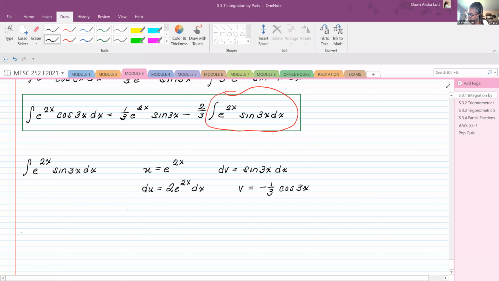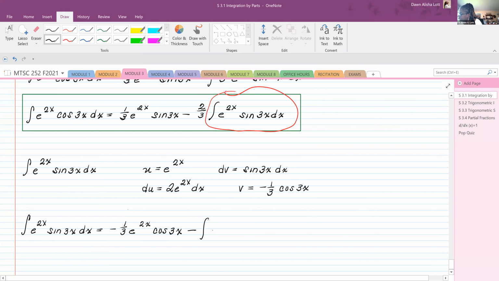So now the integral of e to the 2x sine of 3x dx is u times v, negative 1/3 e to the 2x cosine of 3x, minus the integral of v du.